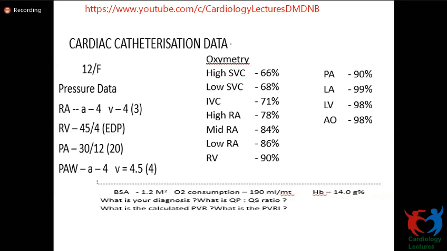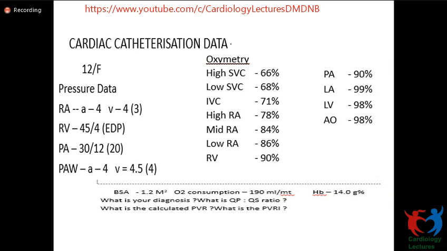In oximetry, SVC 66, low SVC 68, IVC 71, high RA is 78. So there is a significant step up at the RA level. Mid RA is 84 and low RA is 86. RV is 90%. So there is a significant step up from SVC to RA level. And left-sided pressure and oxygen saturation are normal.